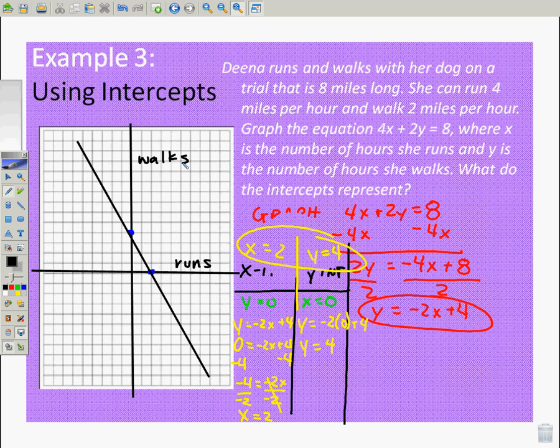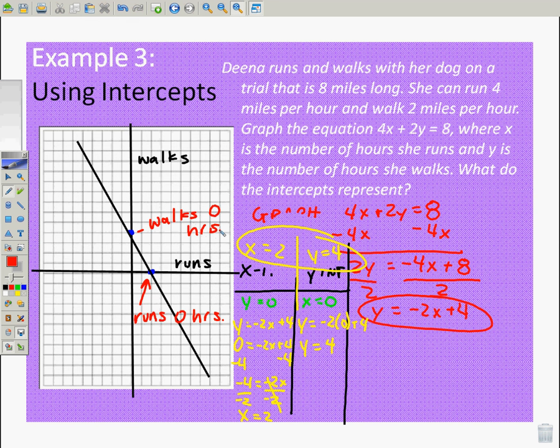So this x-intercept is where she runs 0 hours. This is going to be where she walks 0 hours, right? What is it actually saying?